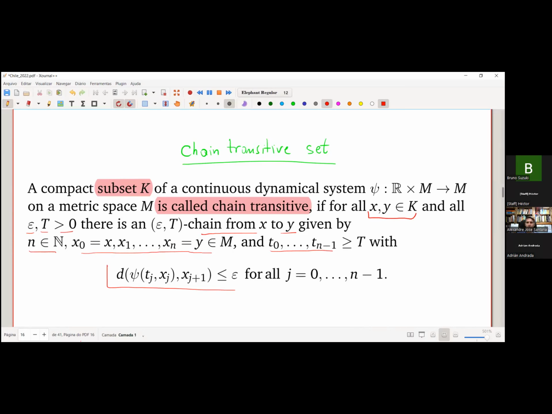The jump must be smaller or equal to epsilon.